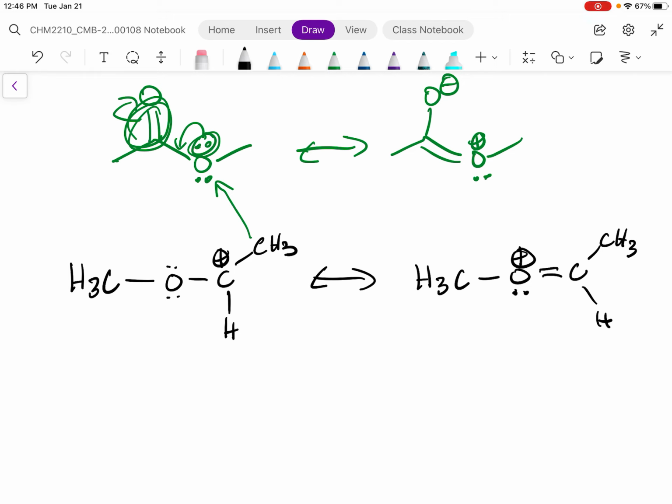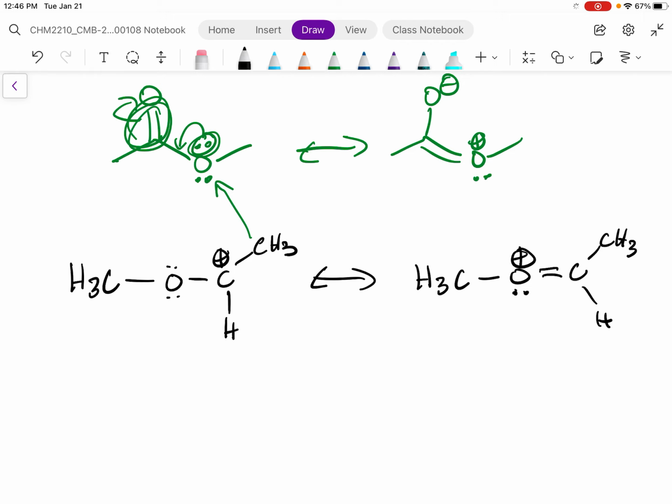By most significant, we want to get to the point where we can draw a resonance hybrid. What does this molecule actually look like? It's not the one on the left, it's not the one on the right, but it's a hybrid of all the resonance structures. So we have to figure out which resonance structure is more significant than the other, because the more significant one is going to make the molecule look more like that, and the least significant is not going to influence what it looks like too much. And this will make a whole lot more sense once we get through this whole spiel here.